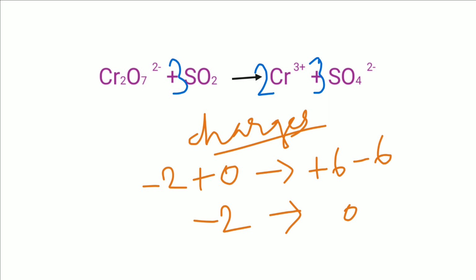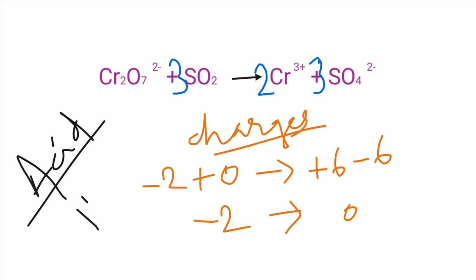Here it is mentioned that the reaction takes place in acidic medium. So when the reaction takes place in acidic medium, we need to add hydrogen ions on the appropriate sides. The charge on the left hand side is minus 2, but on the right hand side it is 0. So we can add H plus. On which side?